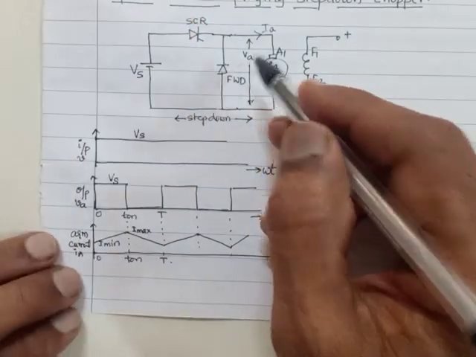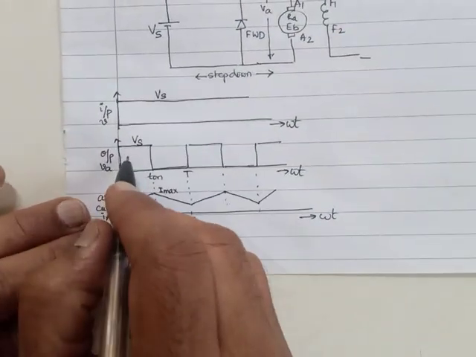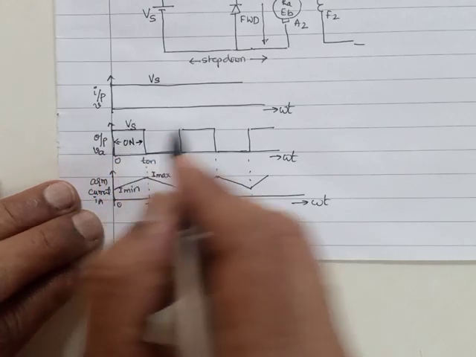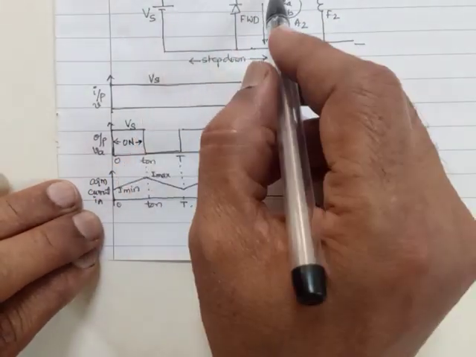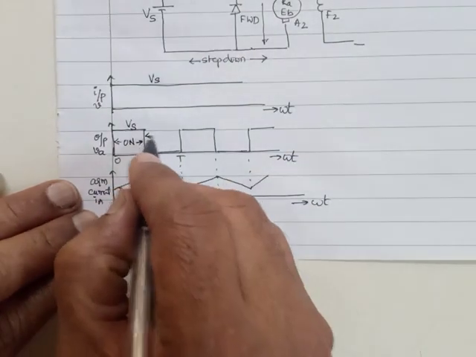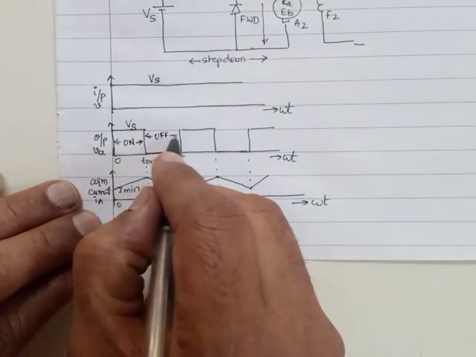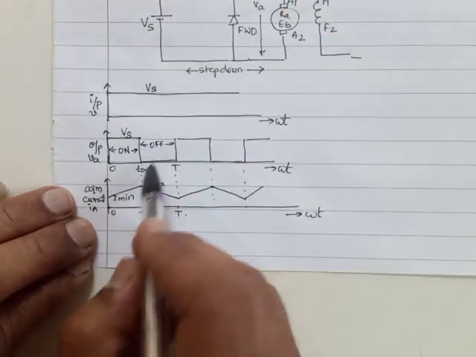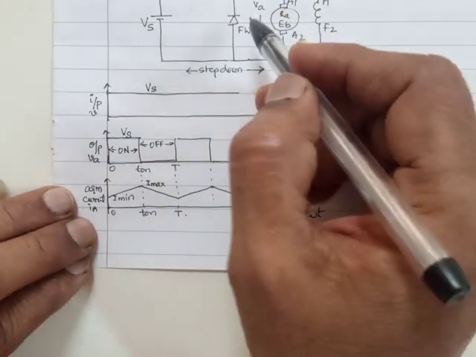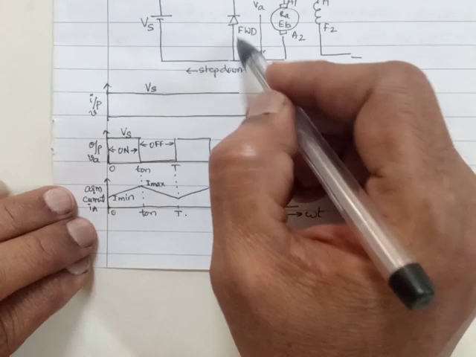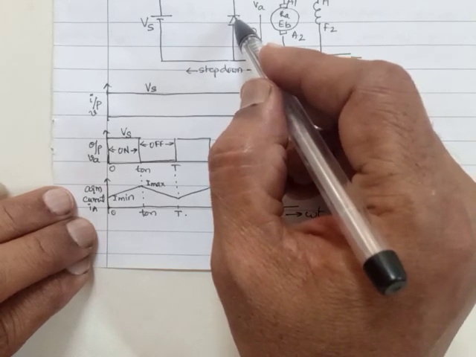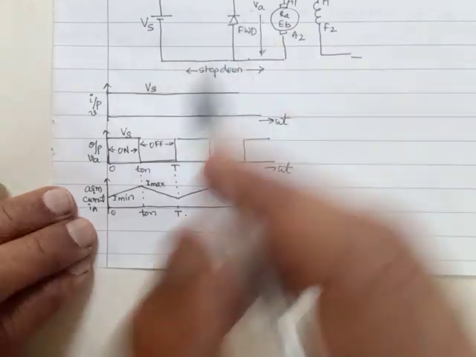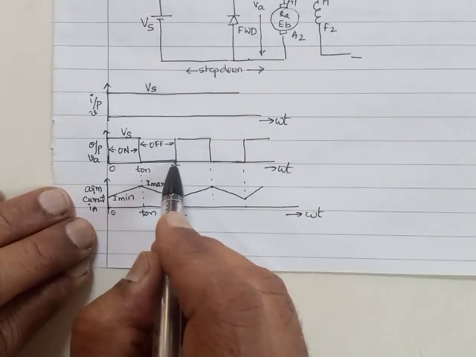That is why during on time, the voltage across the armature is Vs. During off time, the voltage across the armature is 0. Because the freewheeling diode is conducting, and the voltage across a conducting freewheeling diode is almost 0. That's why we have shown this to be this way.